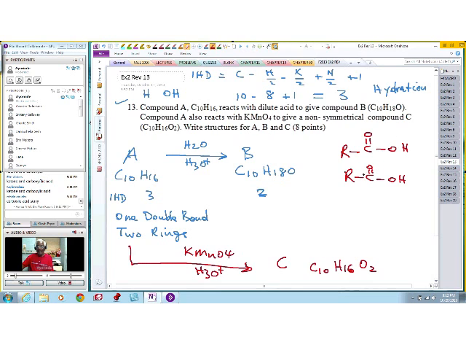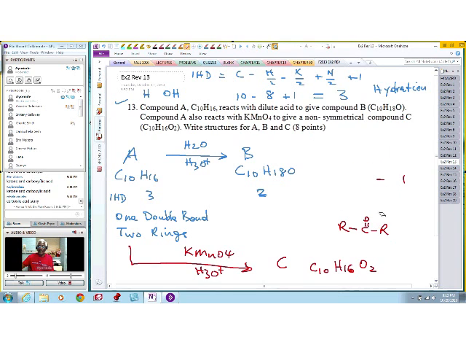So that cannot be the case. We don't have carboxylic acid here. If it cleaves to form a carboxylic acid and a ketone, we should have at least 3 oxygen here, but we don't have 3 oxygen. So this is out. And you notice why I told you, you need some thinking here.